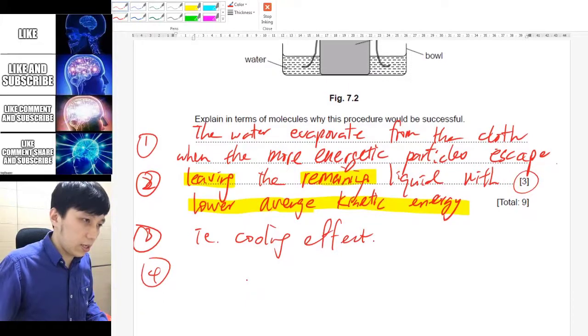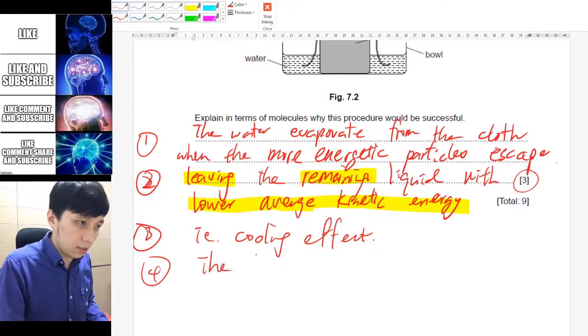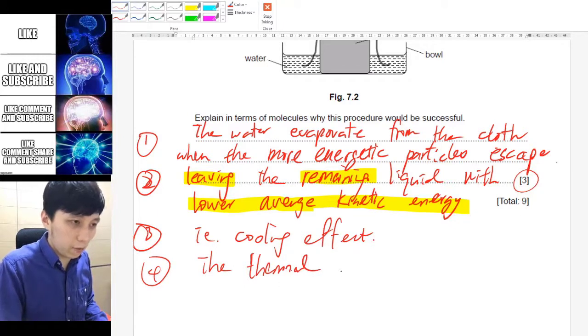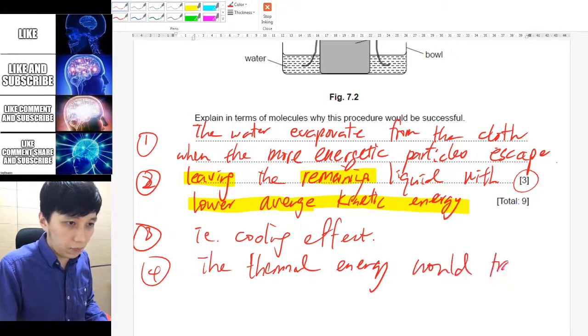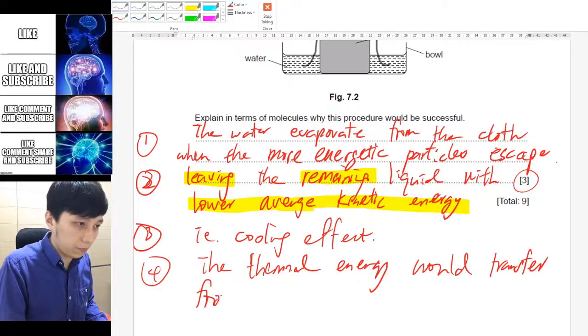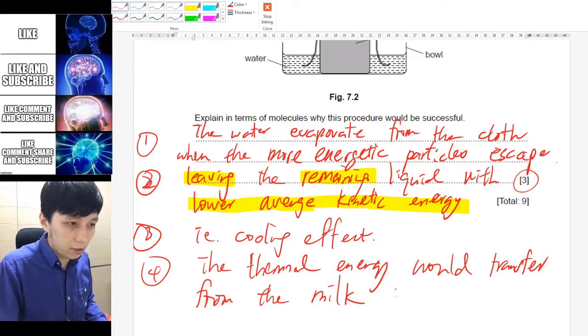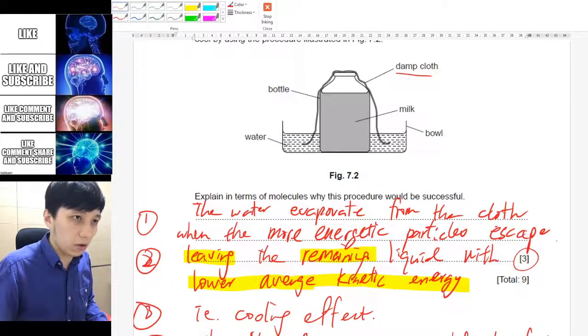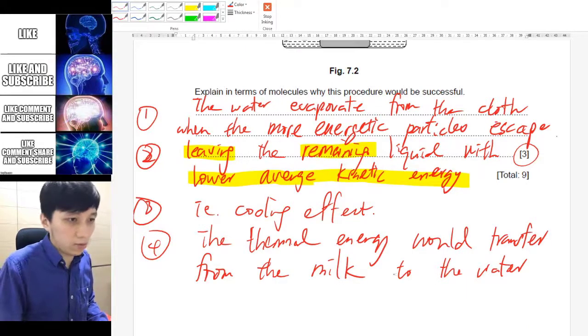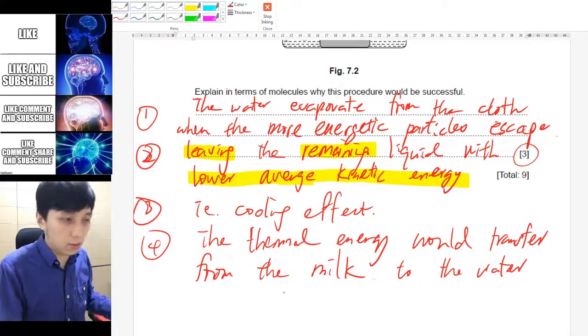You would want to say that because the water is cooler, thermal energy would transfer from the milk, because the milk is at a higher temperature, to the water on the cloth. So therefore the milk would get cooler.